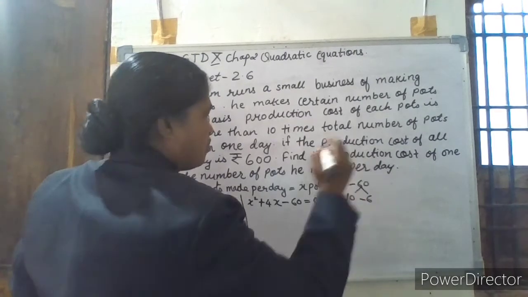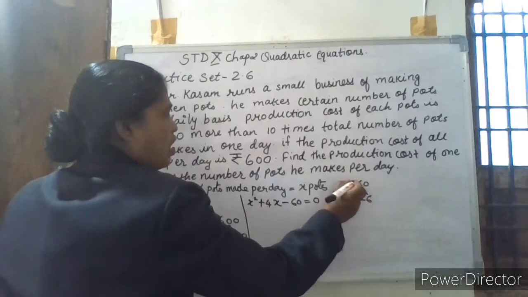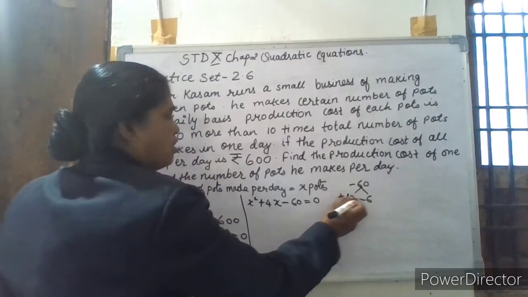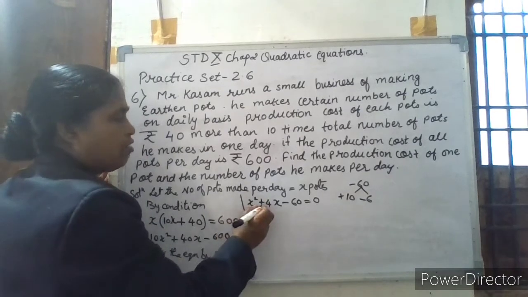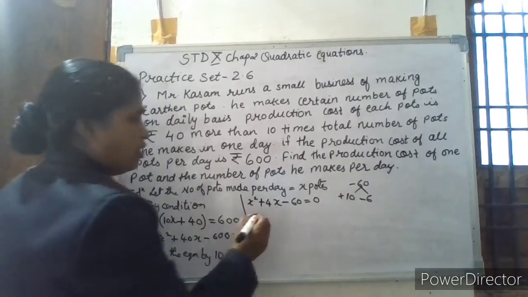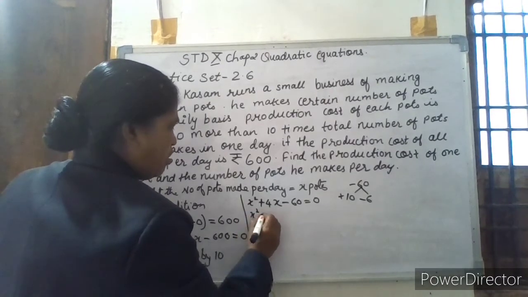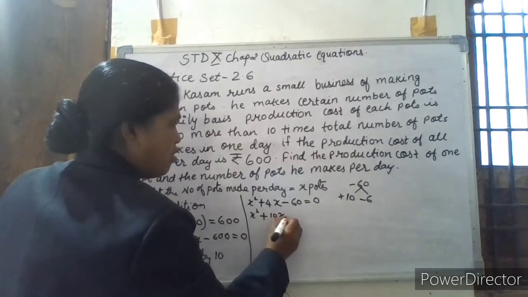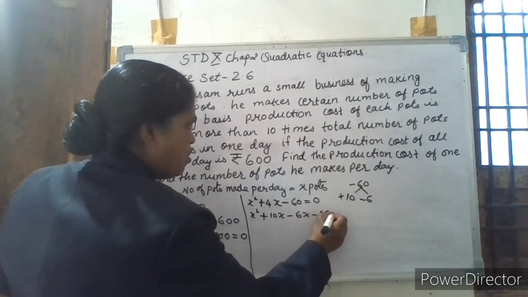So we write x squared plus 10x minus 6x minus 60 equal to 0.